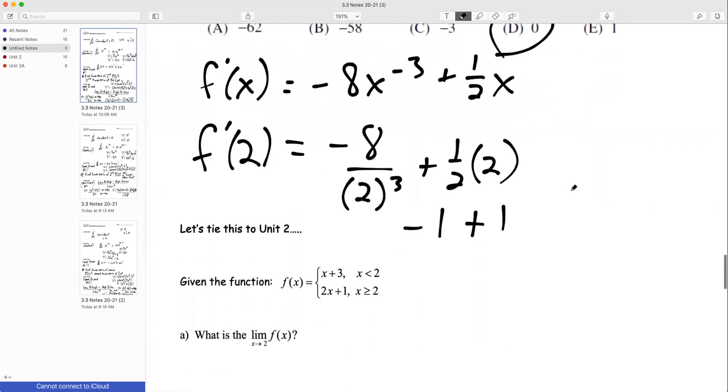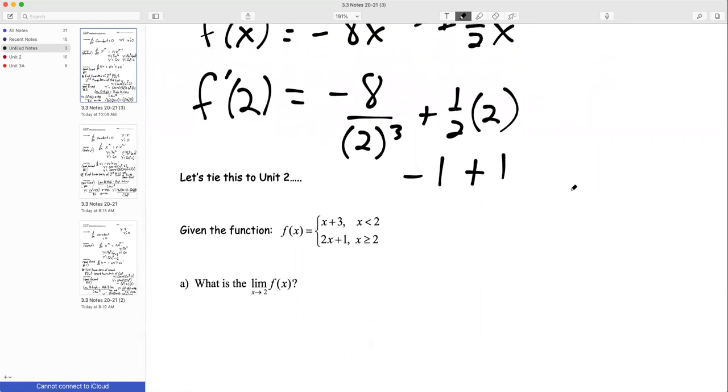All right, well, let's tie this to unit 2, what we just did, quickly. Part A, what's the limit as x goes to 2? Well, it's a piecewise function, so I need to check the left-hand side and the right-hand side. The limit as x goes to 2 from the negative side, I plug in 2 in the top equation, that gives me 5.